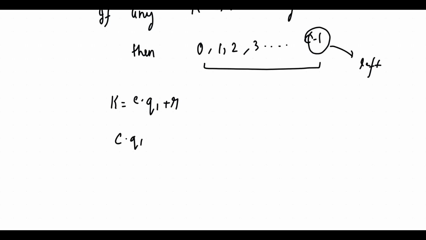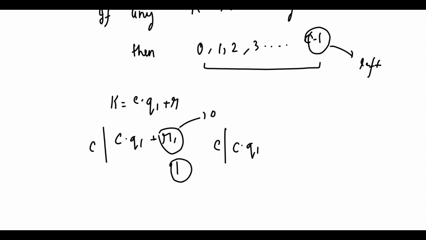If it is 0, then it is of course divisible by c, as c divides c into q1. If it is 1, then it doesn't divide, thus it is not divisible by c, but it leaves remainder 1 when divided by c. Just like 9 divided by 2 is 4, and then it leaves remainder 1, so it is 2 into 4 plus 1.